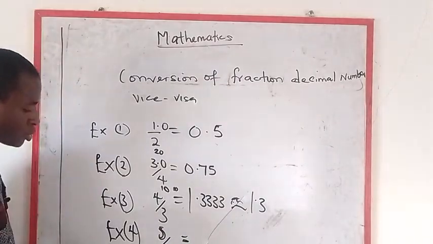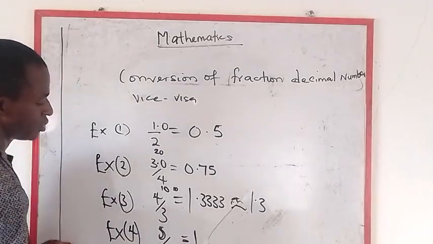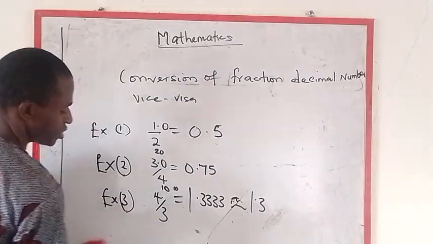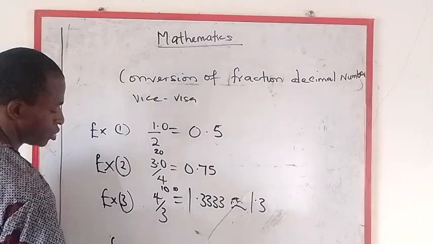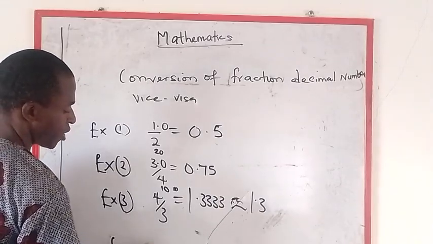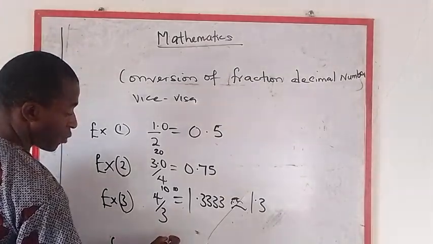In this case, we see that 4 can go into 5 how many times? 1 time. Let me clean it so that I will have space. Example 4. We have 5 over 4. 4 will go into 5 1 time, remainder 1.